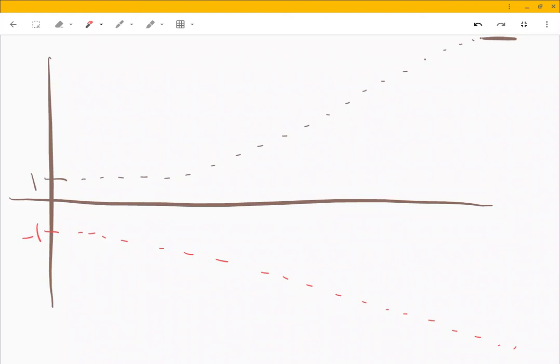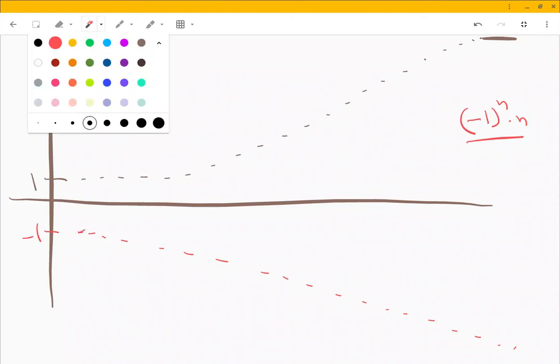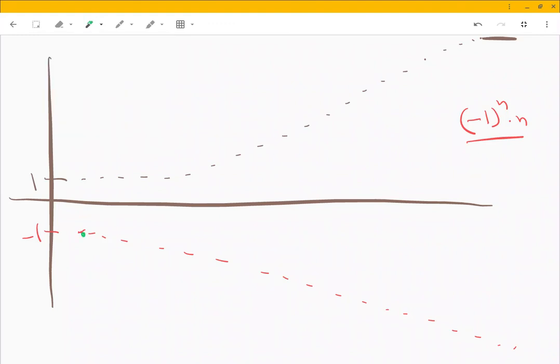And then what other kind of sequences can we have? Yeah, (-1)^n times n. You can evaluate this yourself. First one, all terms will be negative, -1. Okay, let me change the color. So this sequence would be like this.